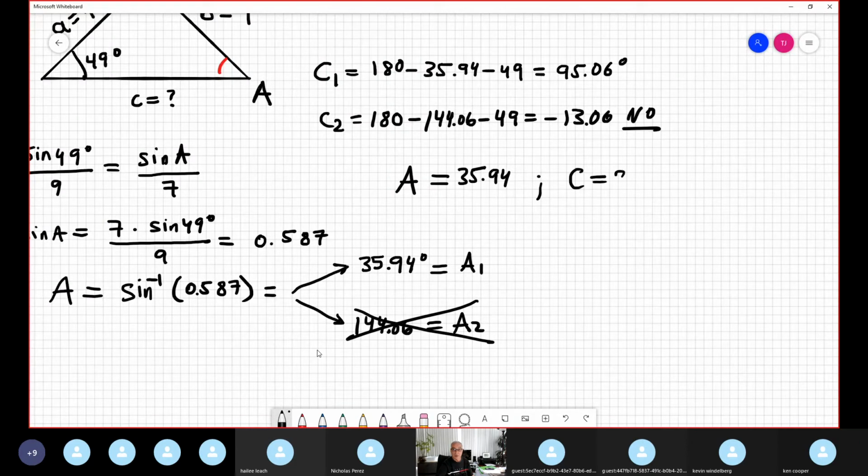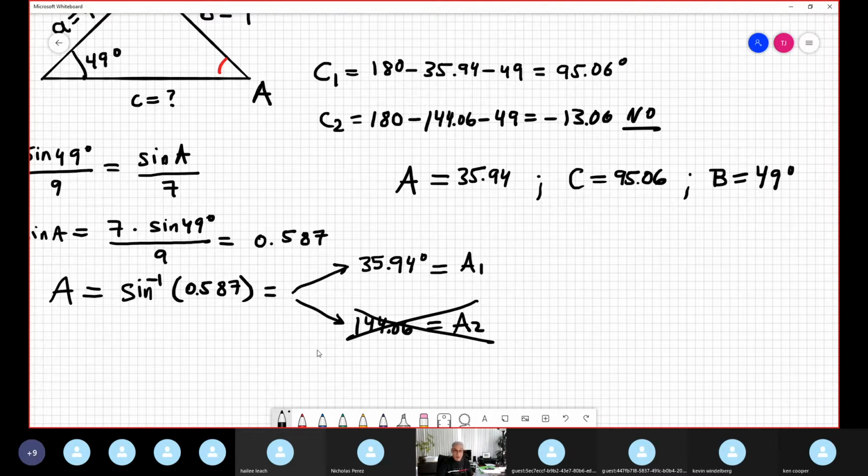Angle C is 95.06, and angle B is given at the beginning, 49. I need the side now. But the side is easy. You apply the law of sine only one time, no? Because you need to find only one side.